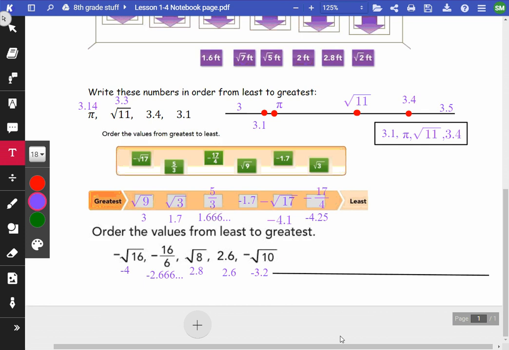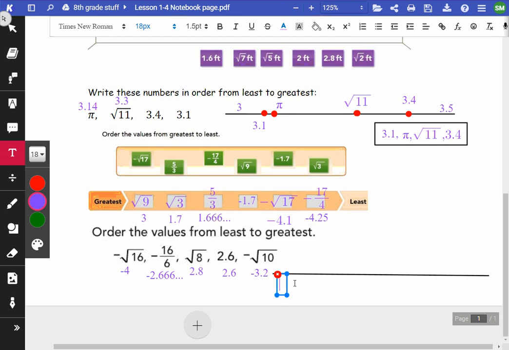All right. So it looks like on my number line, I've got negatives down to negative 4 and positives up to 2.8. So, text box, I'm going to put my labels down here. Negative 4, negative 3, negative 2, negative 1.